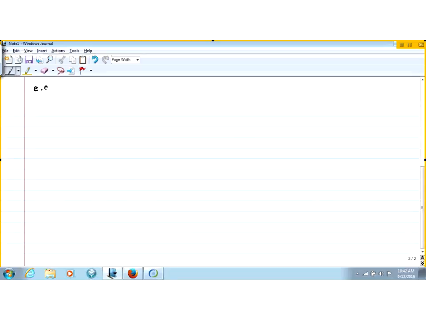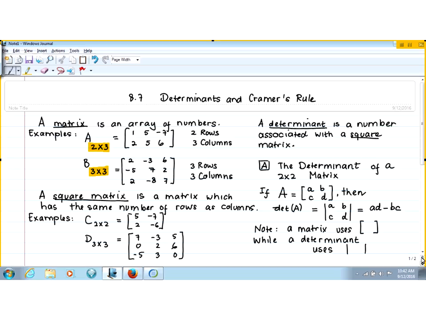So, for example, evaluate each determinant.